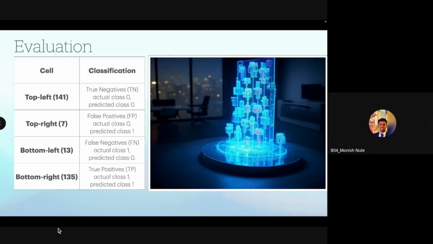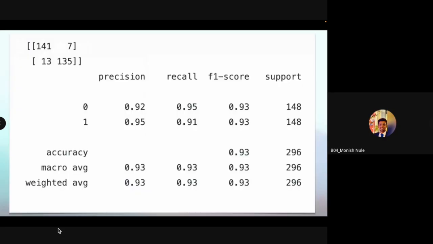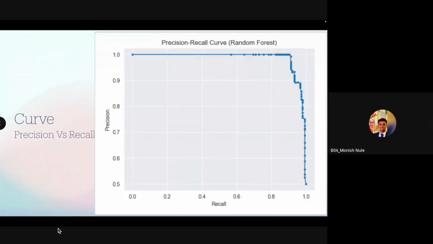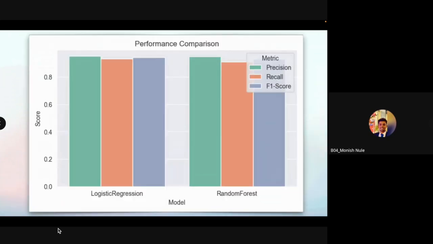So, evaluation of those models. This is the evaluation which we will see in the code implementation. This is the report, and this is the performance comparison between the two models.